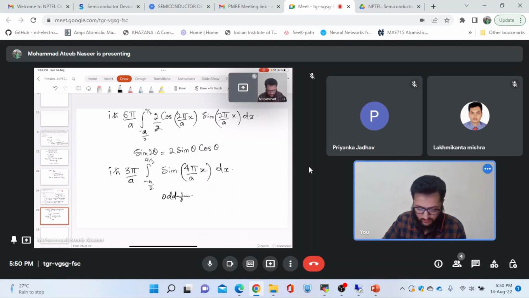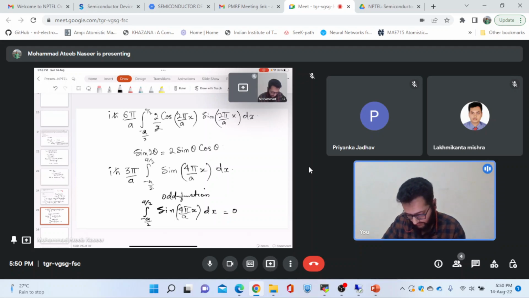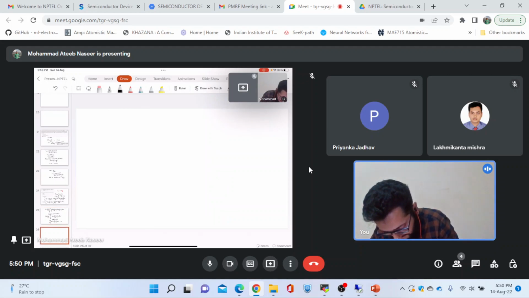We will use that property and we will simply say that this integral between the symmetric limits minus a by 2 to plus a by 2 of sine of 4 pi by a x dx is equal to 0. So what we got? We got the average momentum along x to be equal to 0.